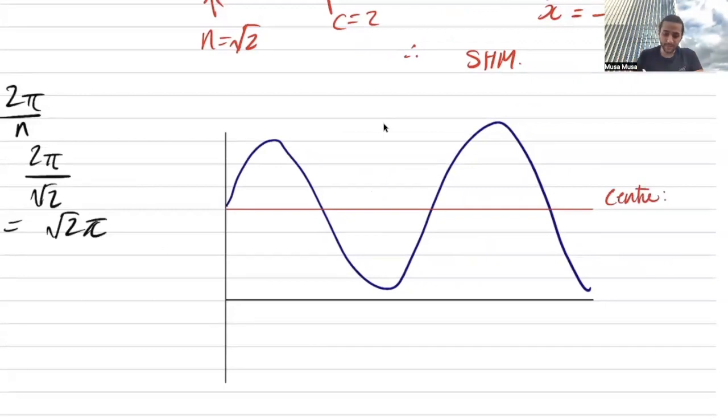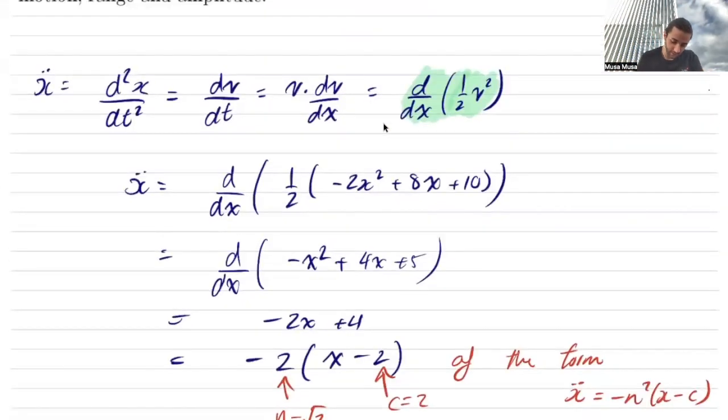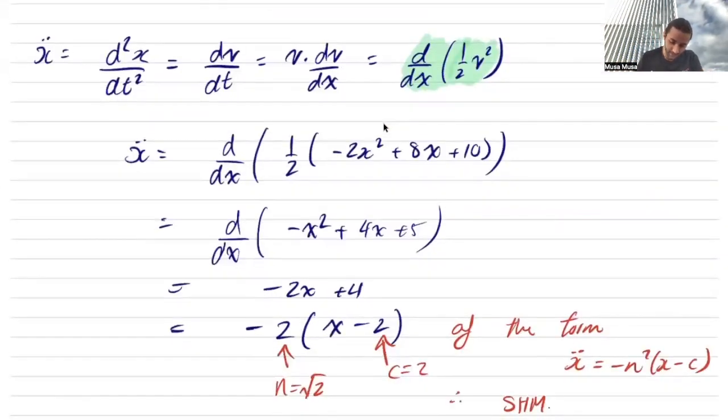Now, remember, if this is our x versus t equation, the derivatives will equal 0. So the velocities will equal 0 at these particular points here. V equals 0, V equals 0, V equals 0, and then of course, if that follows on, V equals 0. So if I set V equal to 0 from my equation here, this minus 2x squared, this rubbish.